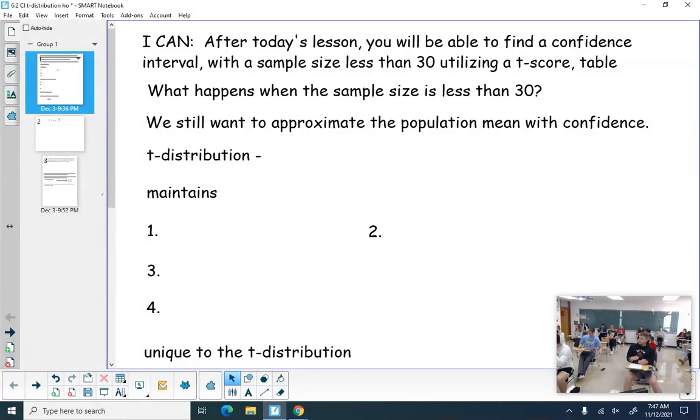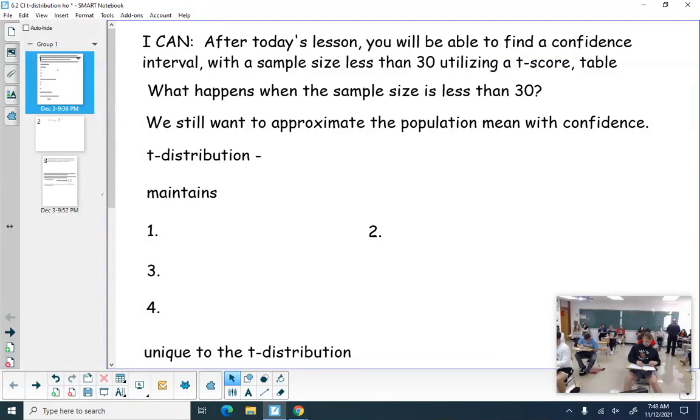Once again, statisticians just want numbers that would work, that they can get a good guesstimate from. Mathematicians want exactness. Statisticians are okay with getting a range of values that will work, and at least I get a good guesstimate there. The second thing I'm handing out here is a t-table. We have a t-table on the front, and we have what is called a chi-squared on the back.